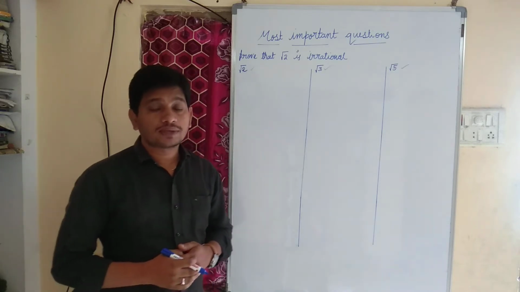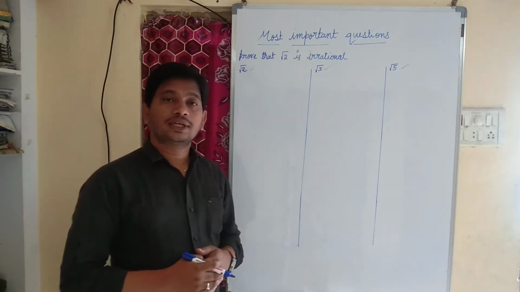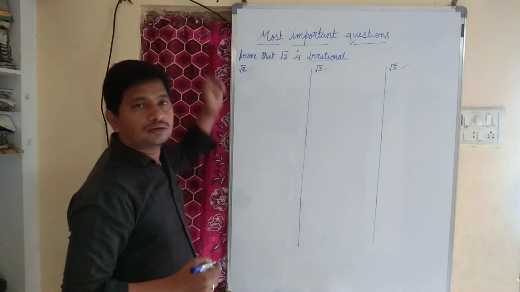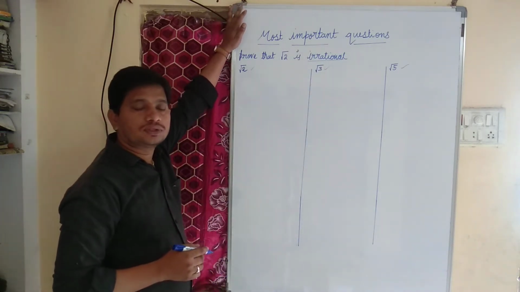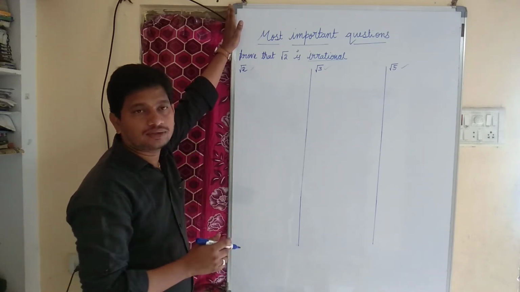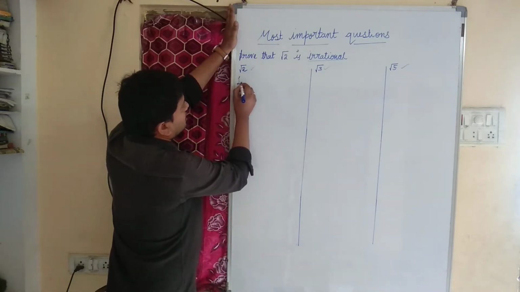So the first one is prove that root 2 is irrational. So what we will do, let us assume that root 2 is rational.